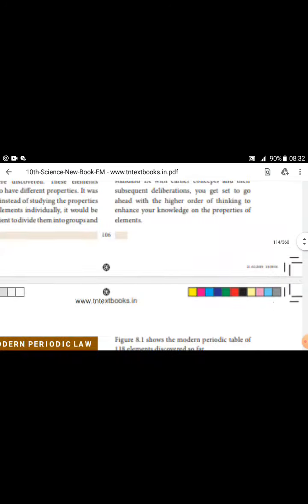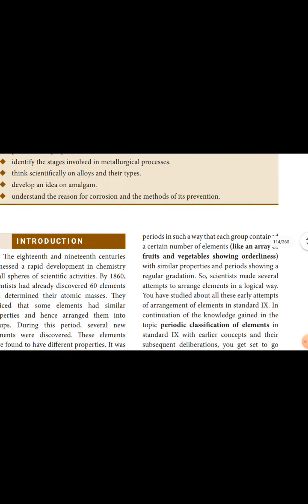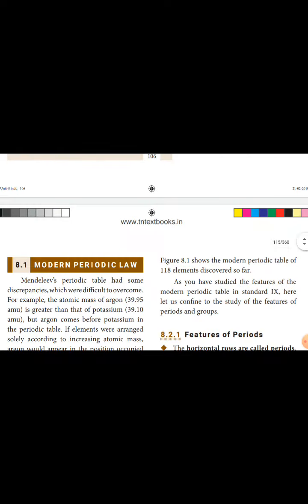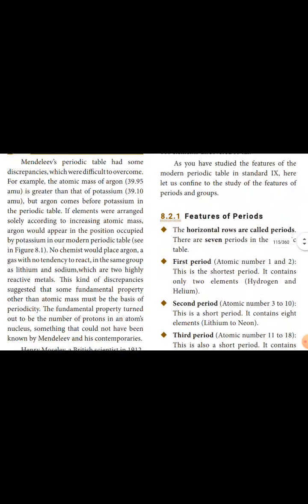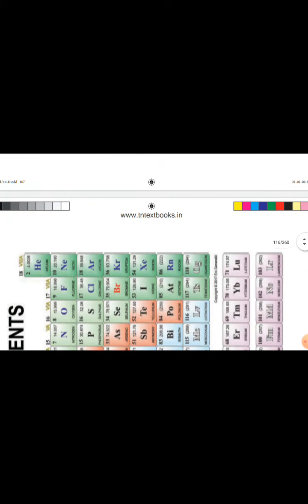Get the knowledge of the modern periodic table. The modern periodic table we already discussed in the 9th standard. Again we are moving ahead with a higher order of thinking to enhance your knowledge of the properties of the elements. You have to revise the modern periodic law, the features of the modern periodic table, the horizontal rows and all 7 periods.